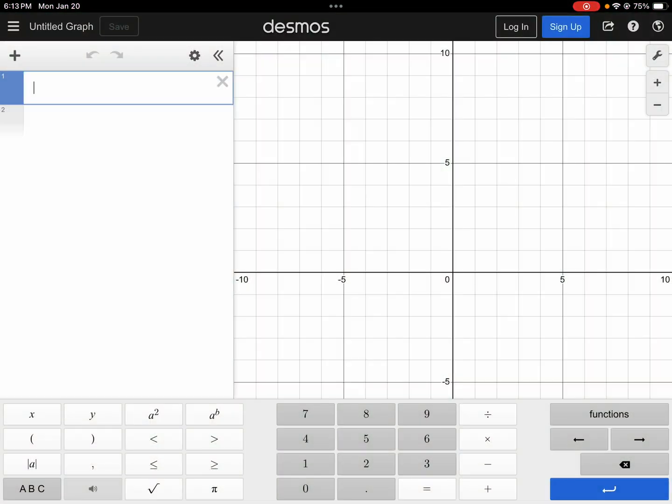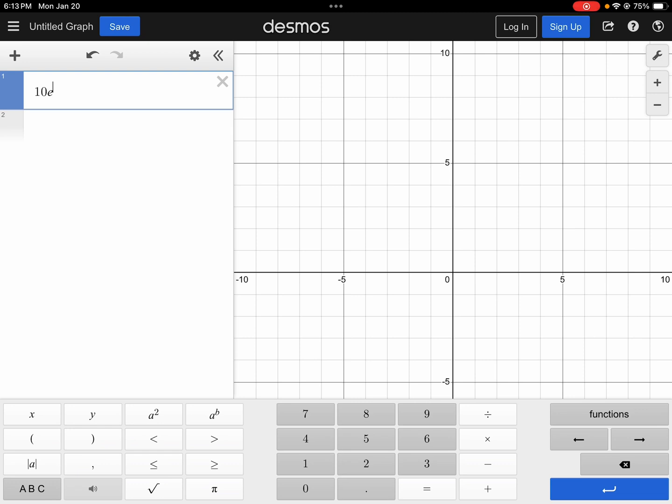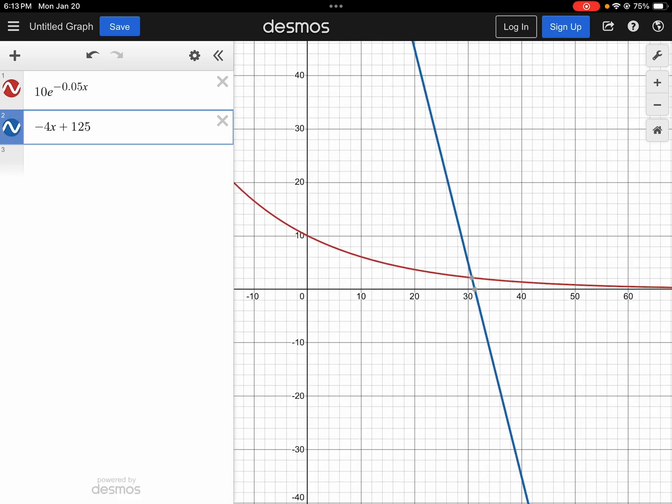Okay, so let's see here. We have, what was it? It was like 100, and then e raised to the negative 0.05x, and then the linear model was negative 4x plus 125. Oops.